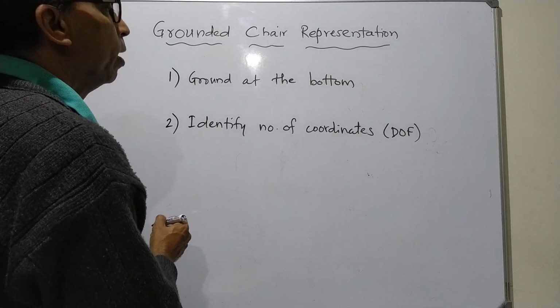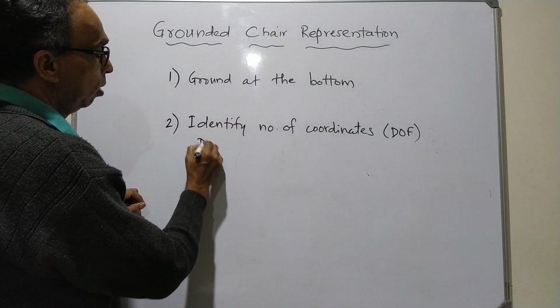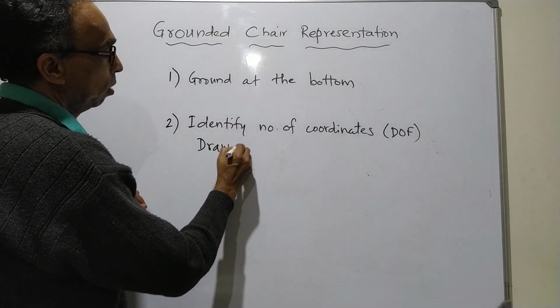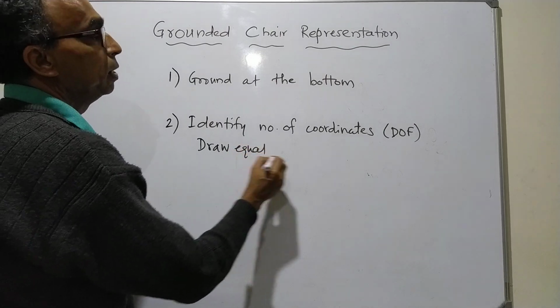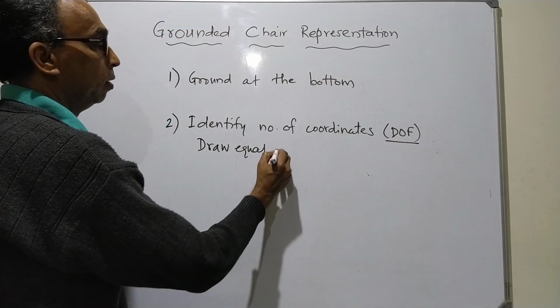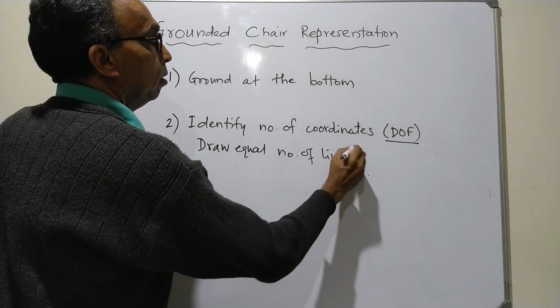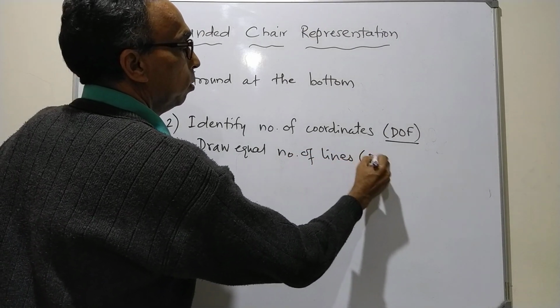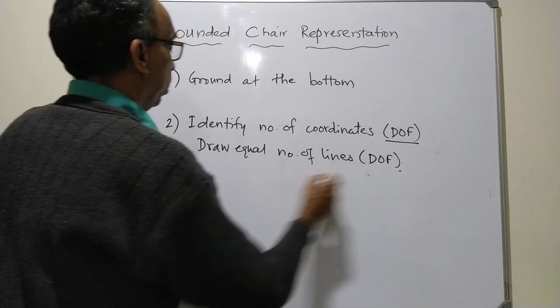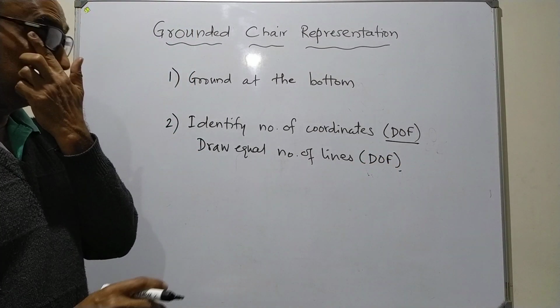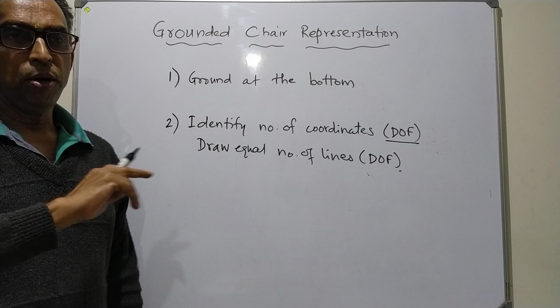Accordingly, we have to draw an equal number of lines, equal to the degrees of freedom. If I have two coordinates, I have to draw two lines.